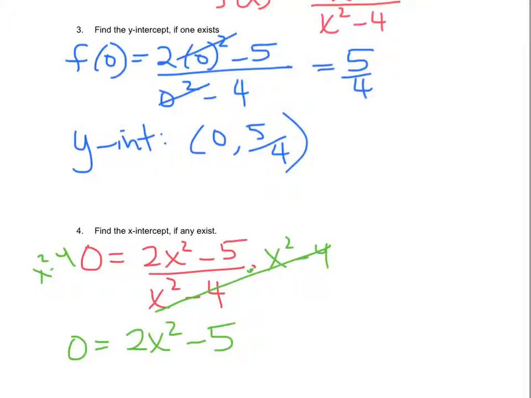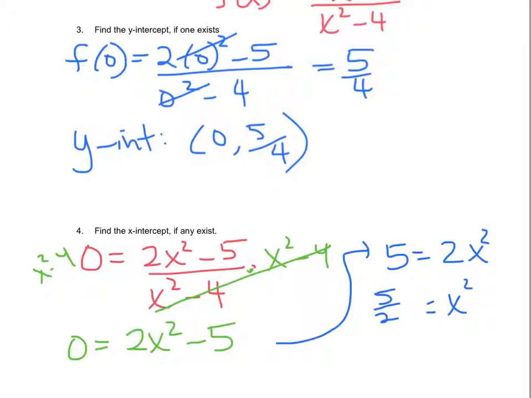So if I solve this, I bring over the 5 and divide by my 2. So I have x equals plus or minus the square root of 5 halves when I take the square root of both sides.